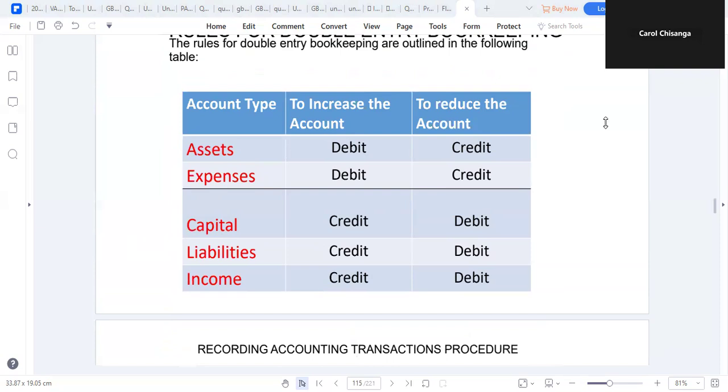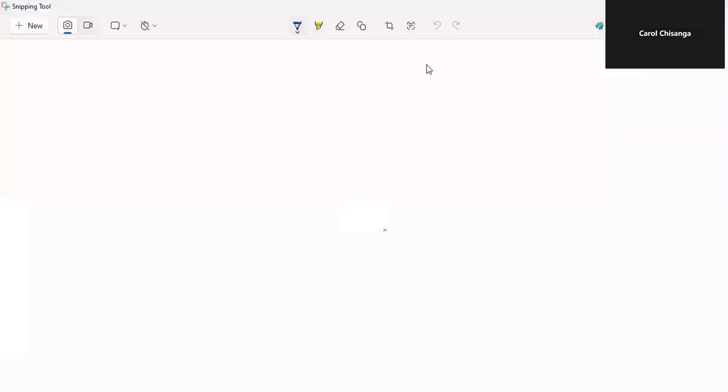Number one, if you are given a transaction like started business with cash, let's look at some of the transactions that we can have.